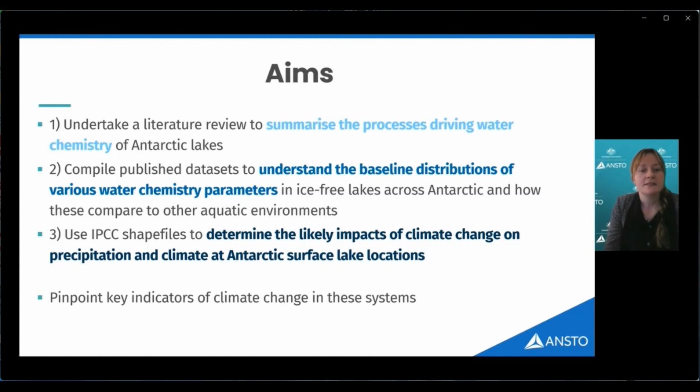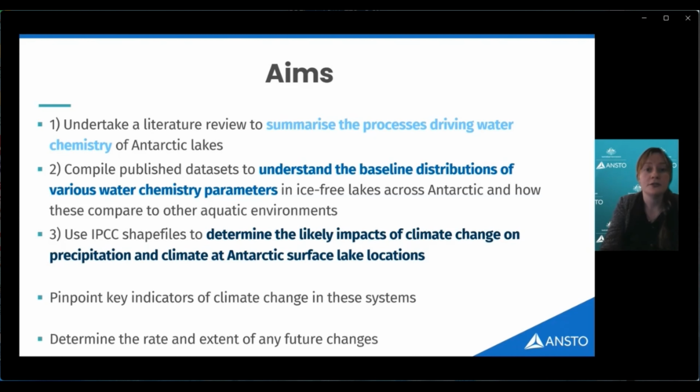Determining the major factors that affect lake water chemistry will help us to pinpoint key indicators of climate change in these systems. By quantifying baseline lake chemical compositions, this will help us to determine the rate and extent of any future changes.